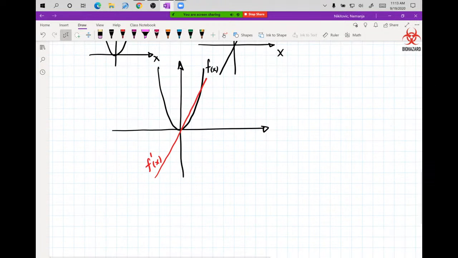When you look at this graph, there are two connections that can be made immediately. So one of them is: when function is decreasing, derivative is negative.